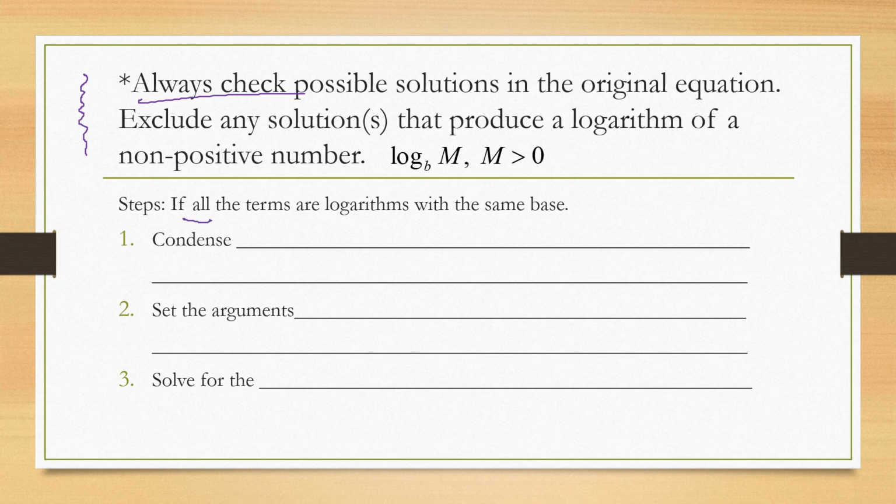All the terms are going to be logarithms, and they have the same base. If they don't have the same base, then we're not going to be able to solve for it in this manner. So if that is the case, the first thing we want to do is condense each side of the equation to a single logarithm.